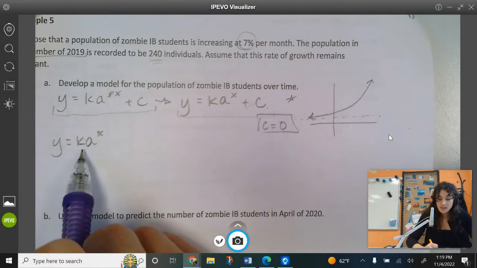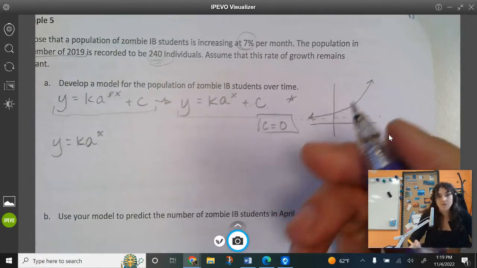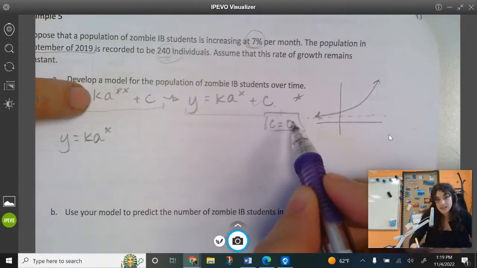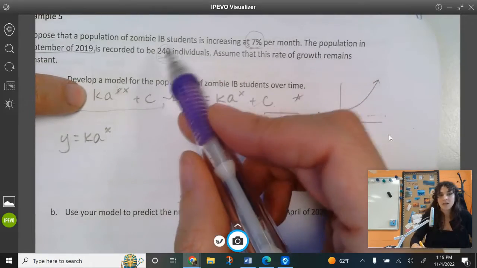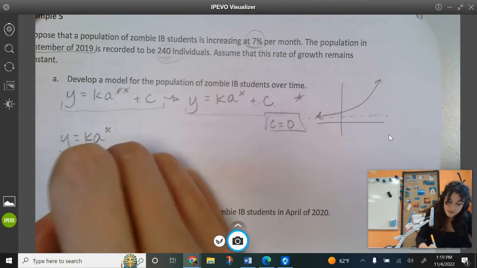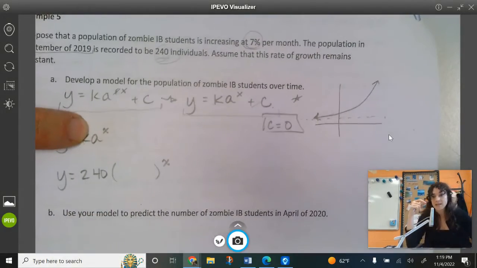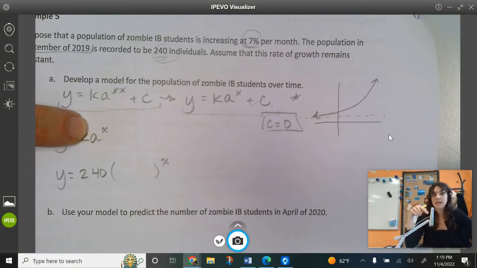Okay, so now I can start thinking about these pieces of information. If 240 is my initial value, then k plus c, or 0 in this case, would be my initial value. So 240 is k. Then A is my base, the amount in which I'm growing. And it says we're increasing at 7% per month.